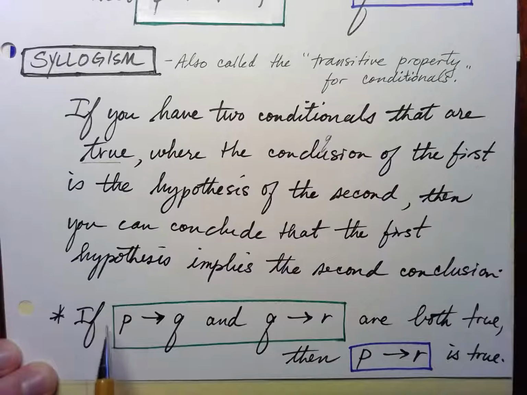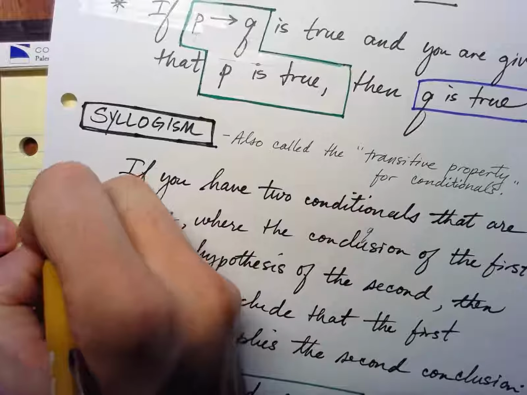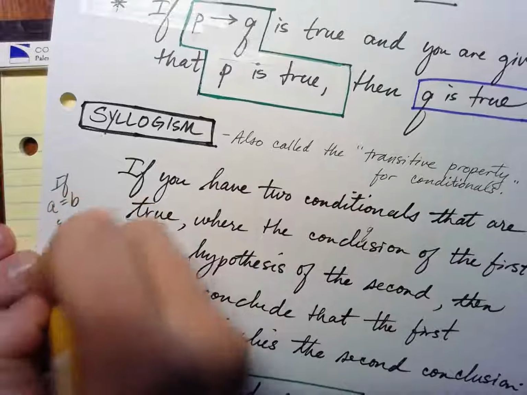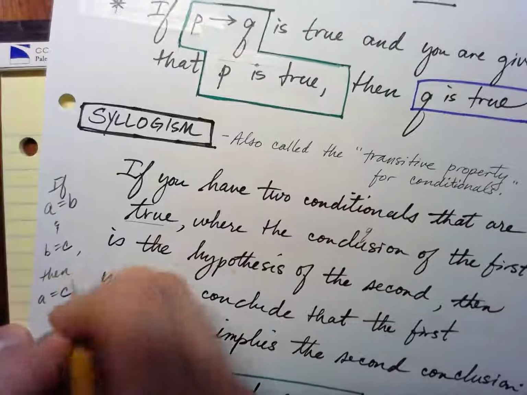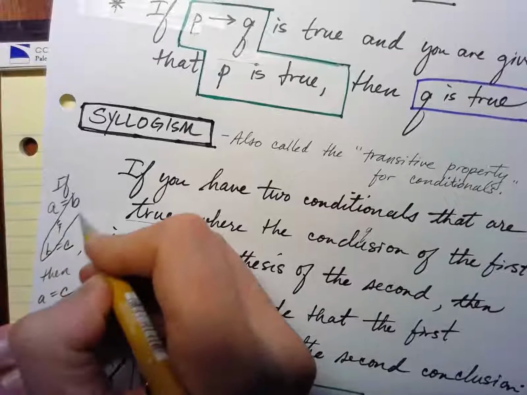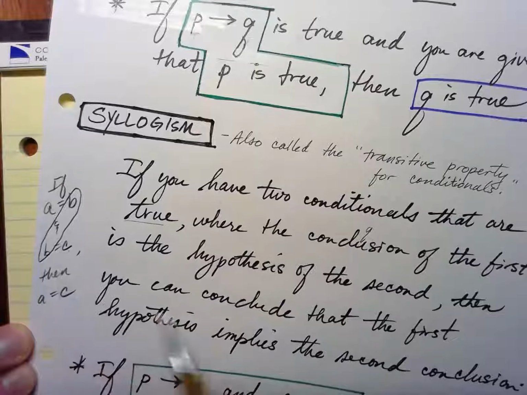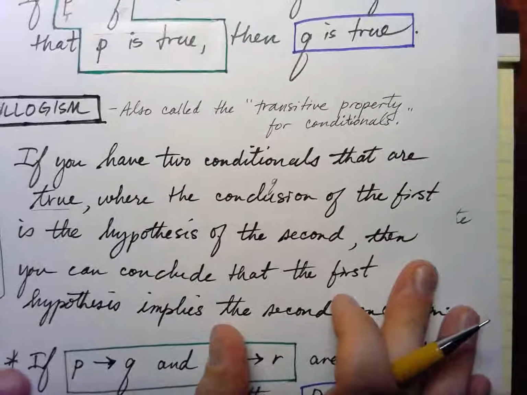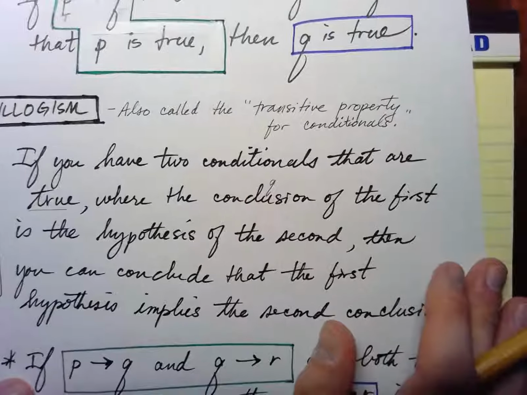Another way of saying this, just like with the transitive property for expressions in algebra: if A equals B and B equals C, then A equals C. We can use the transitive property across those two B's to say that A equals C, right? That's what the transitive property in algebra said, so we are going to use this for syllogism in geometry.